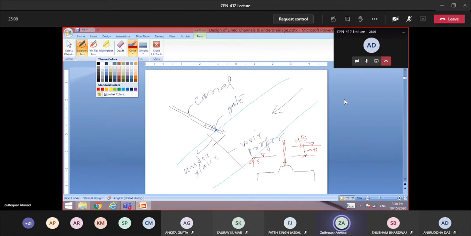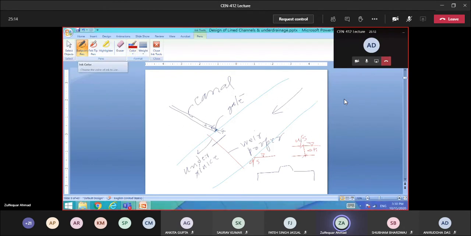Let me rub this part and draw this. This gate is having this much opening, right? This is the opening A. And you know that, let us say, this is the head of the water here, the discharge through this will in general be written as Q = CD A under root 2gH.